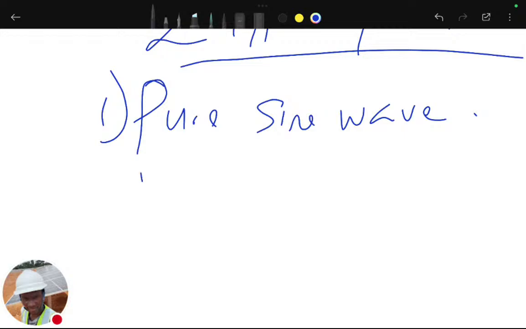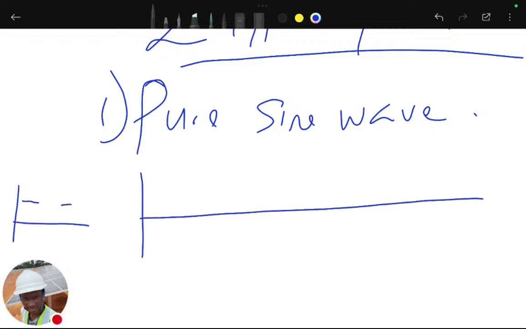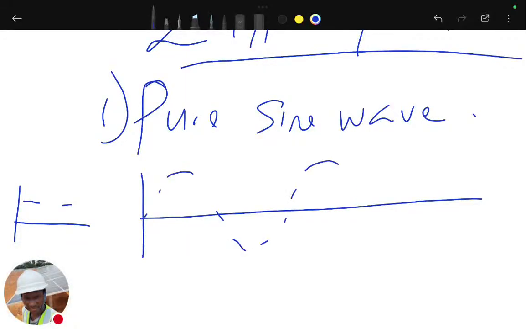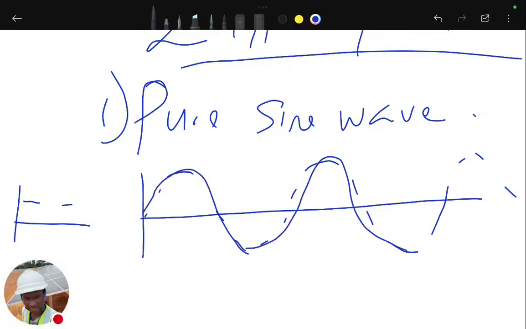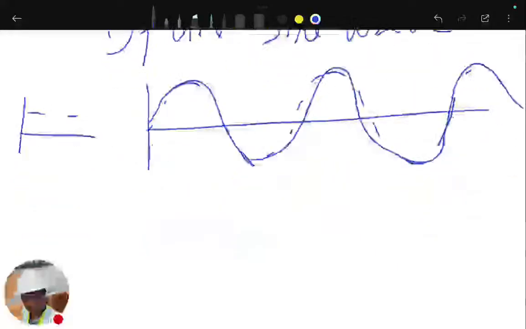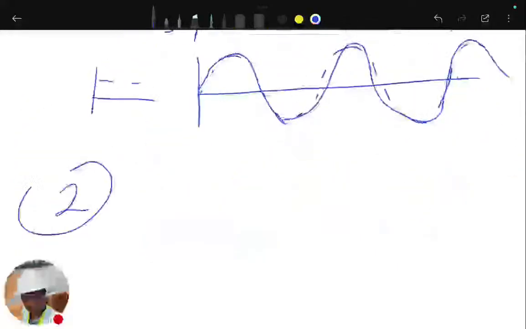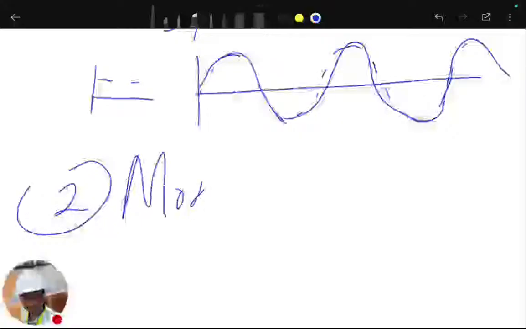A pure sine wave inverter would usually convert that DC to something like this. It converts it to a pure sine wave. This is a pure sine wave, and as you know, a pure sine wave is kind of uniform this way. The second type of inverter we have is the modified sine wave.